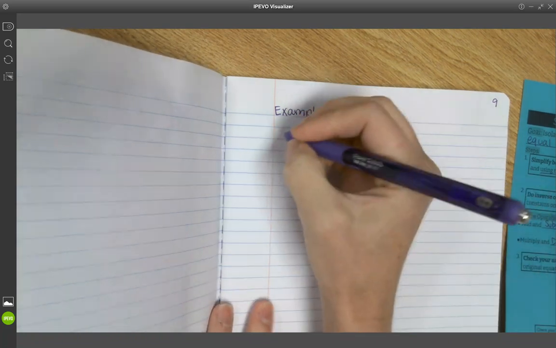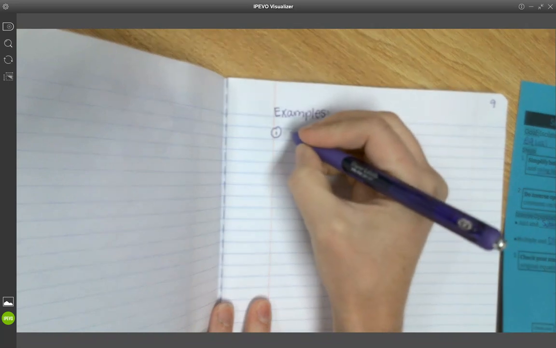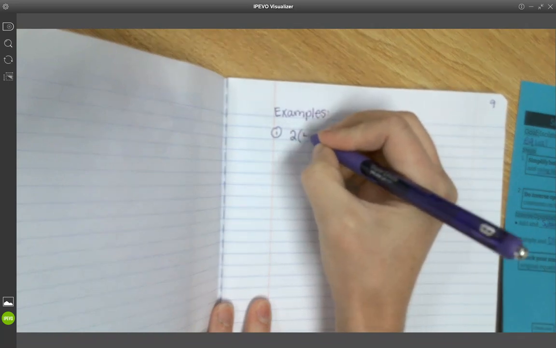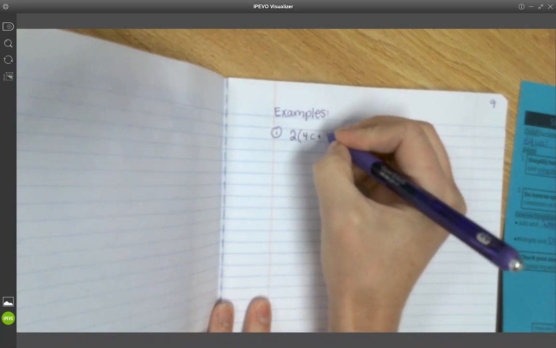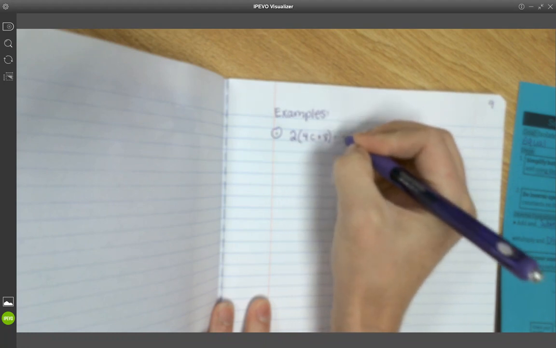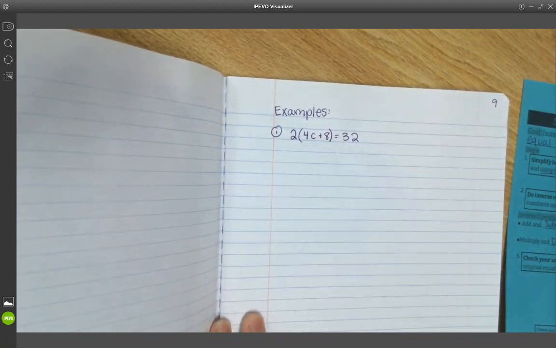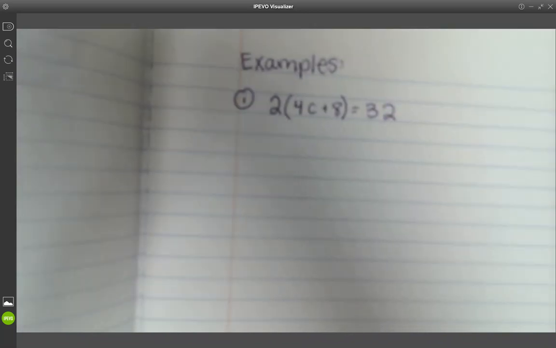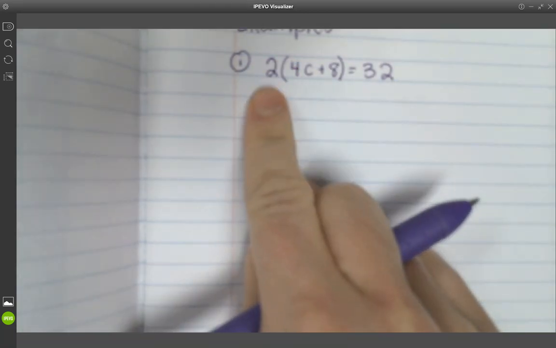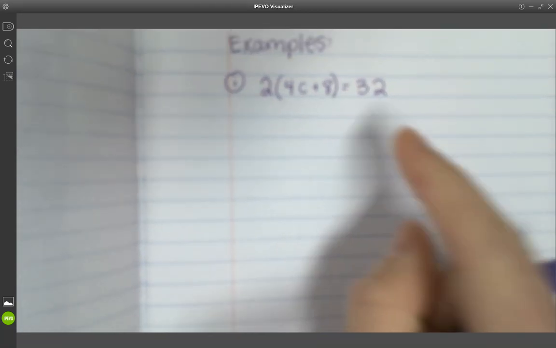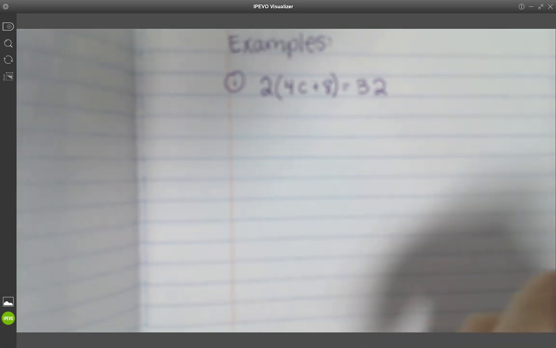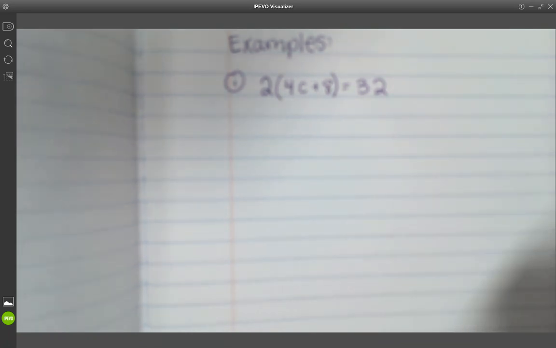Okay, our first example is 2 parentheses 4c plus 8 equals 32. And we have lines on here, and we are going to write on each one of these lines. What I want you to do is try to write clearly, try to keep it real organized.